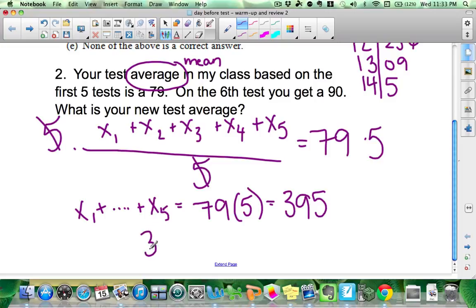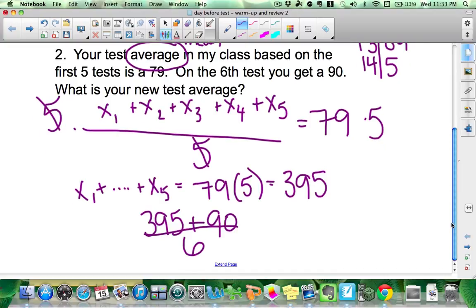So I can take the sum of the first 5, which is 395, that's score 1 plus score 2 plus score 3 plus score 4 plus score 5, plus the 6th one, which it says that I got a 90 on, and I can divide those by the new number of observations, which is 6. You see what I did there? So I took the sum of the first 5 plus the 6th one.